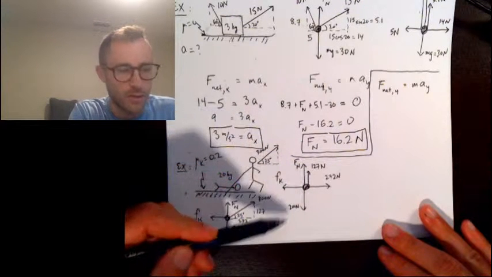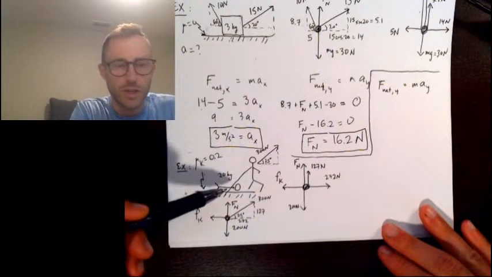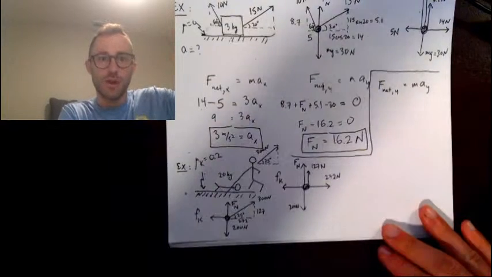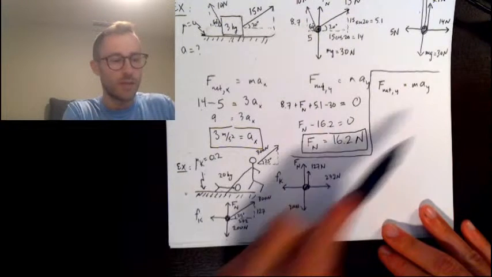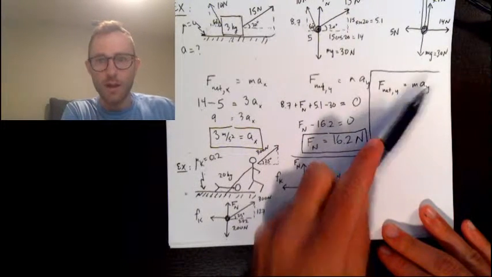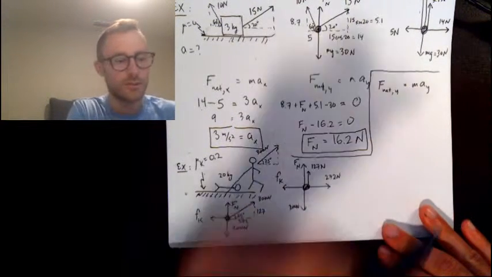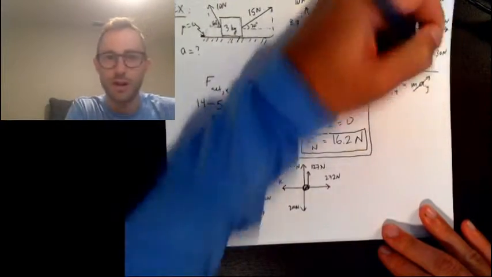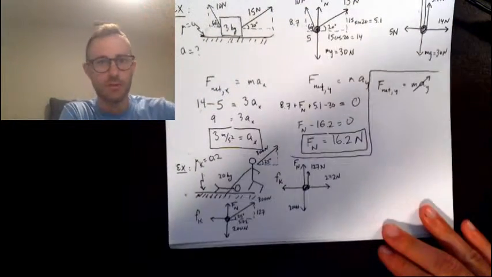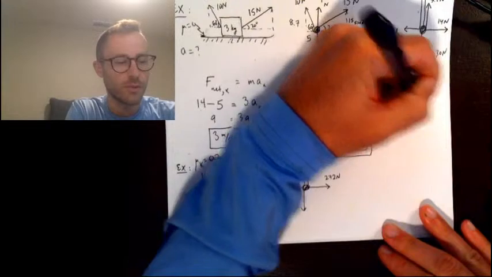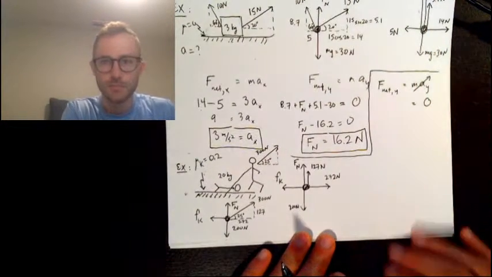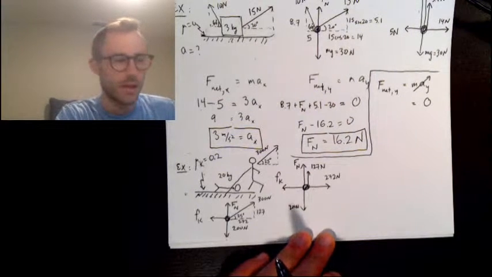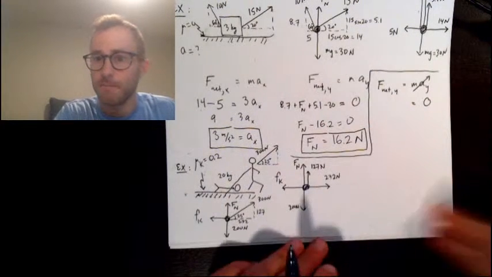It's not greater than 200. So the child is not going to get lifted off the ground. They're going to get dragged across the ground. That means the y component of the acceleration is 0 because the child is not being lifted off the ground. So the net force in the y direction has to equal 0.